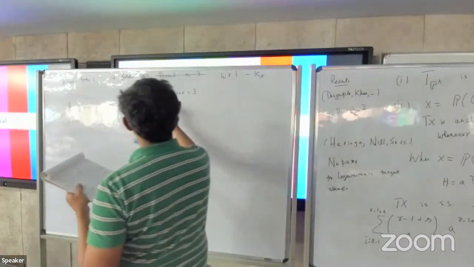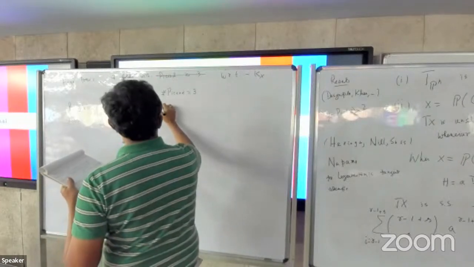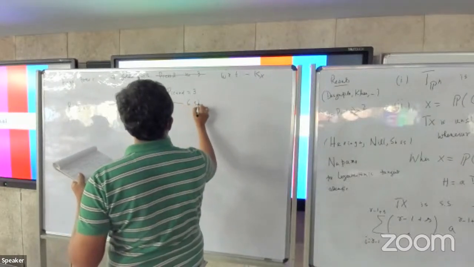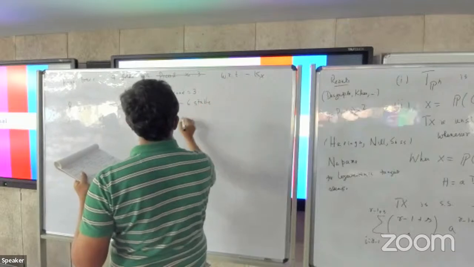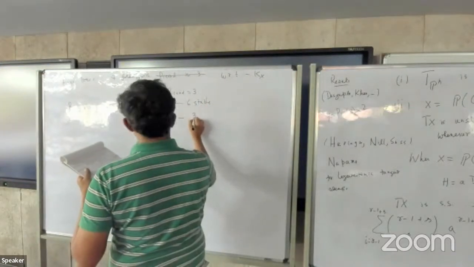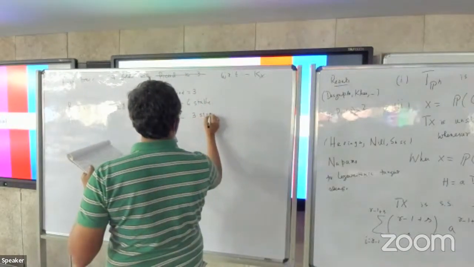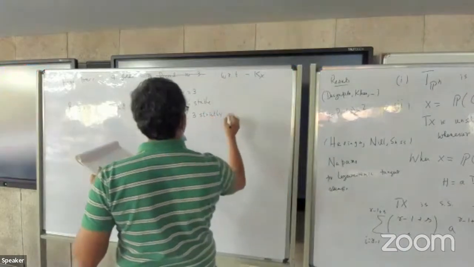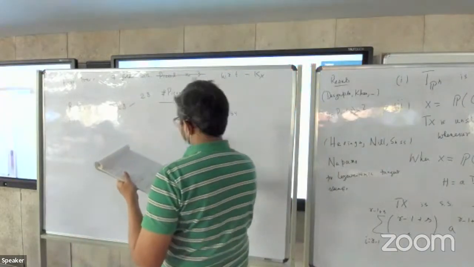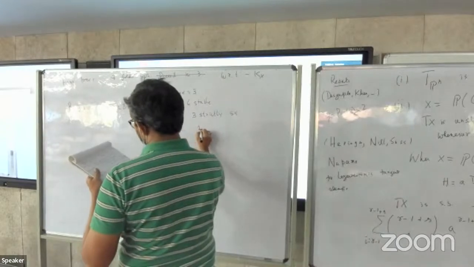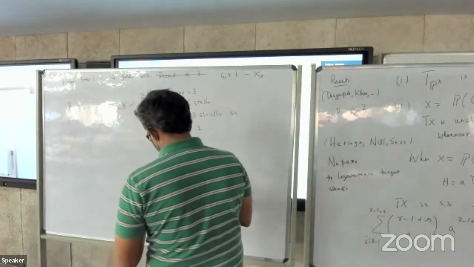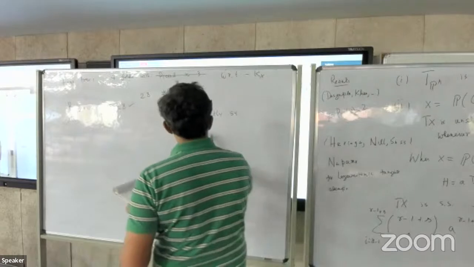Among these 28 there are 6 stable, 3 strictly semi-stable with respect to minus KX, and the rest unstable.